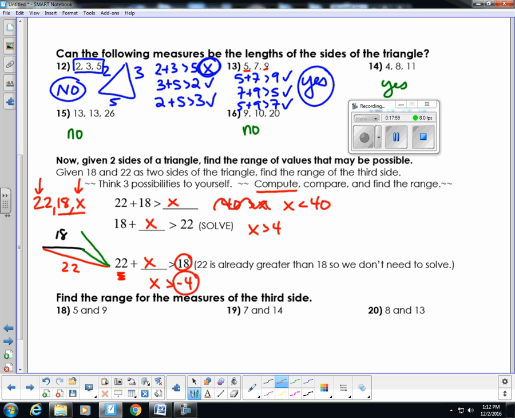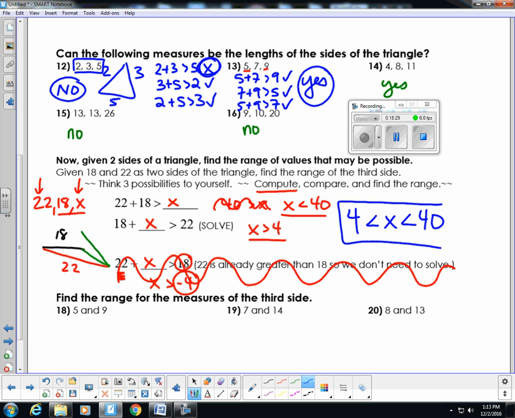It's already bigger. So this becomes a moot point, and we don't need to solve it. So our only two inequalities we need to deal with are these two. So what does that mean in terms of our range of values? X is greater than 4, but it has to be less than 40. And here's how we write that: smaller number, variable, bigger number. And you use less than signs every time.